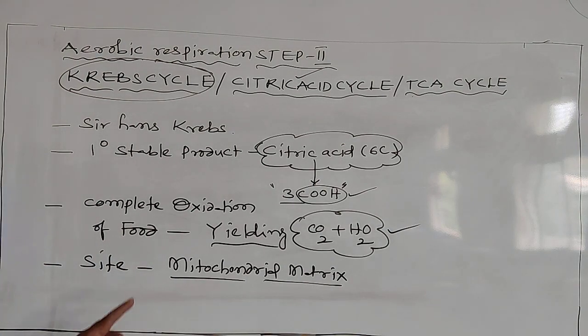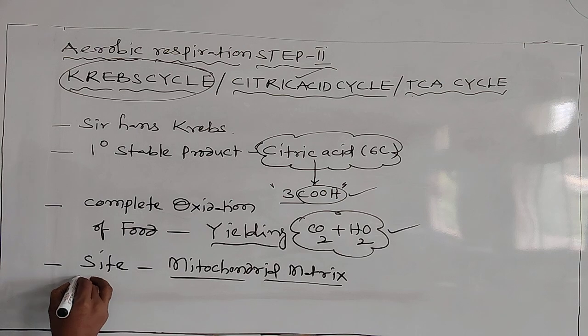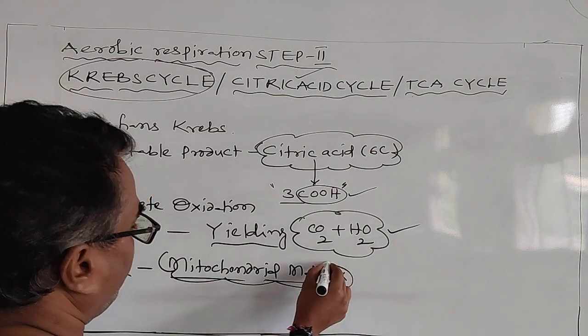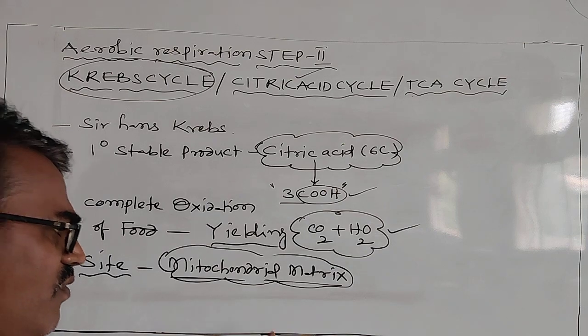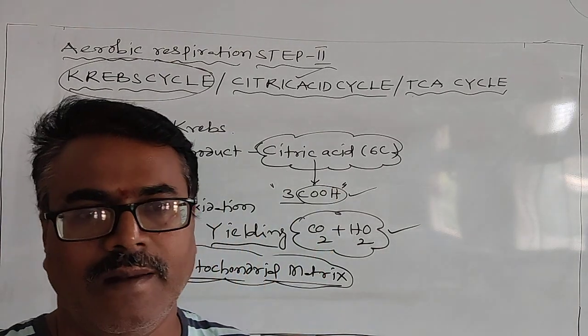But step 2 in aerobic respiration, the Krebs cycle, takes place in the mitochondrial matrix. We already know mitochondria are the powerhouses of the cell.